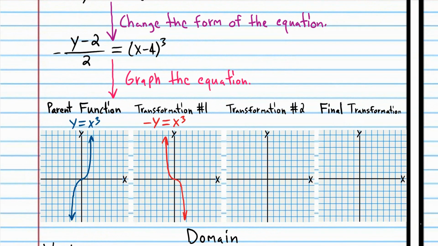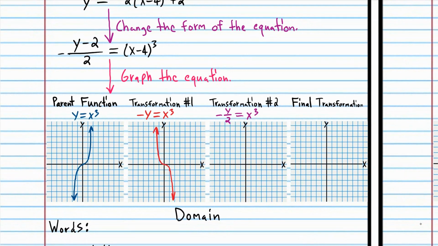And then I'm going to replace y with y over 2. Multiply all y values by 2 in that case. Remember, it's the exact opposite of what you would think.